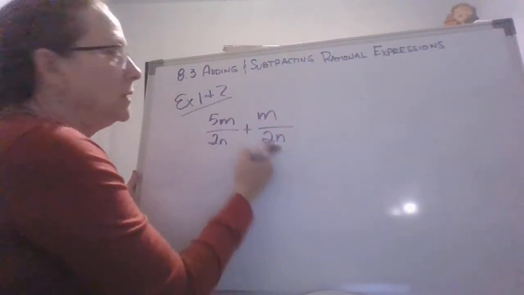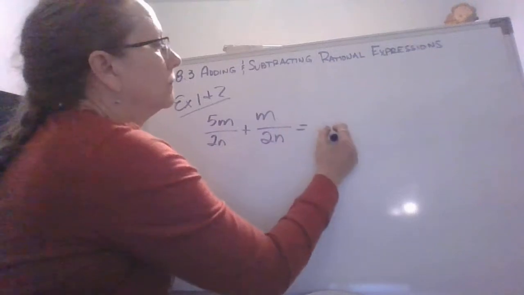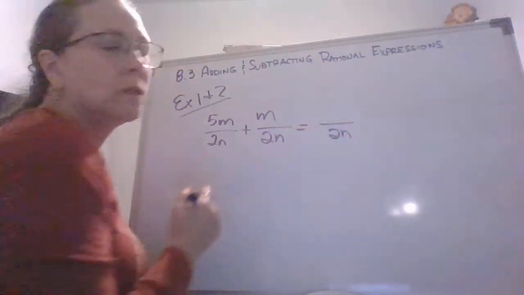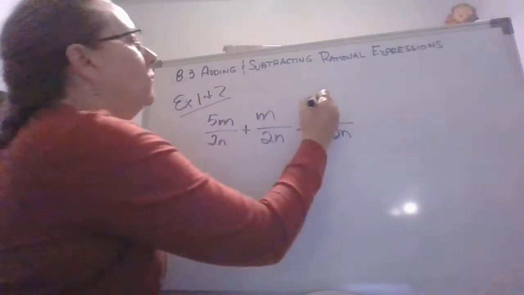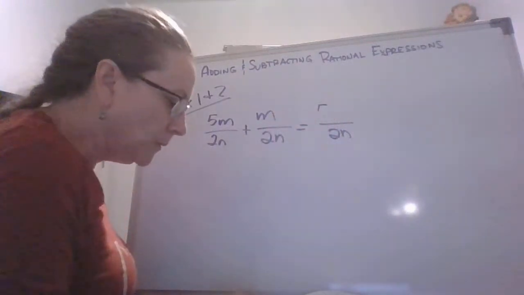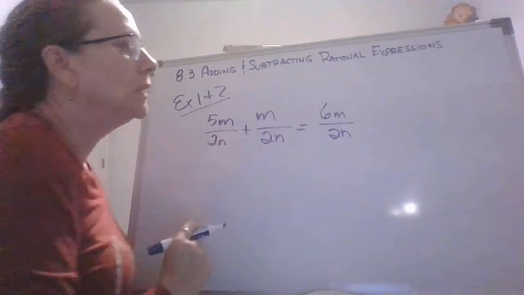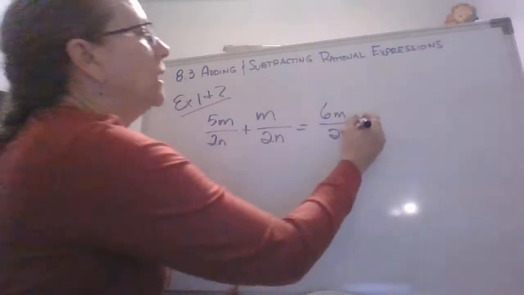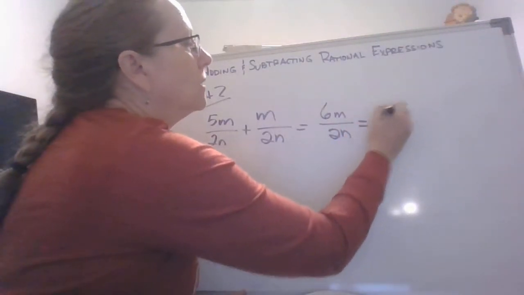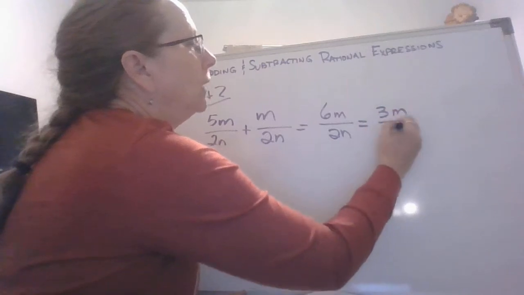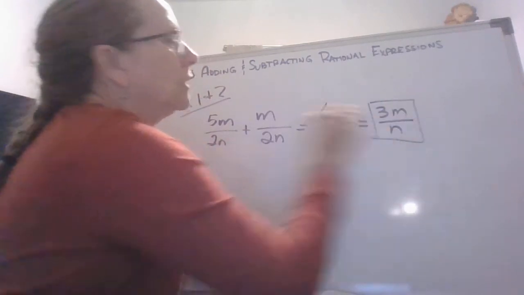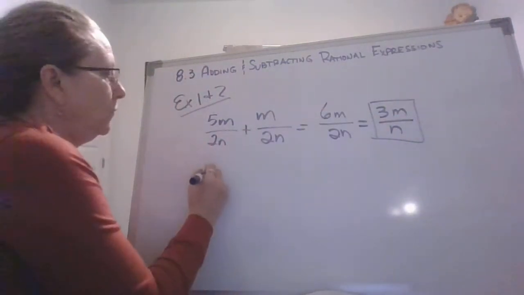The 2n is exactly the same denominator, so common denominator, 5m plus m, 6m. The 6 and the 2 can be reduced, but not the m and the n, so 3m over n for our final answer there.